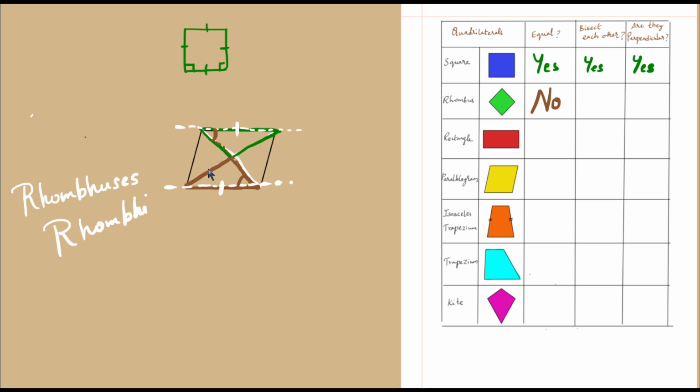And now if the other diagonal is considered to be the transversal, then these two alternate interior angles also are equal. So now by ASA, by angle side angle congruency, we can prove that these two triangles, which is in green and the other one in brown, are congruent to one another.